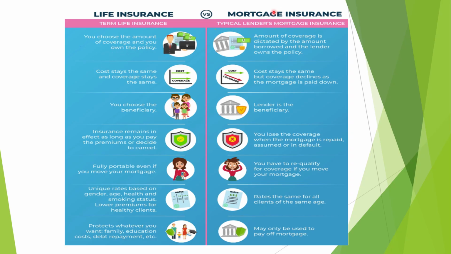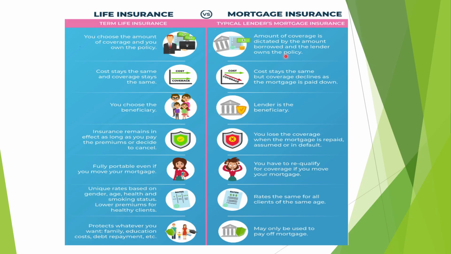Whereas in a mortgage insurance, the amount of coverage is dictated by the amount borrowed, and the lender owns the policy. So the amount of coverage is not dictated by you, because it's mortgage insurance. The amount of mortgage you have should be your mortgage insurance. And who owns the policy here?